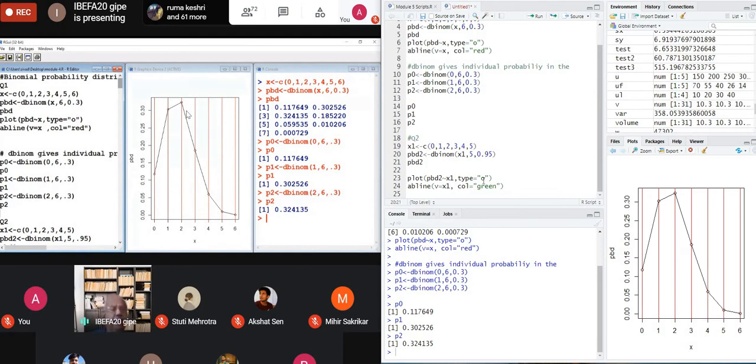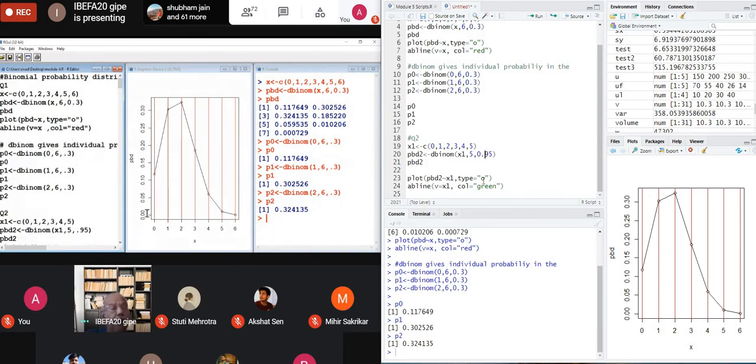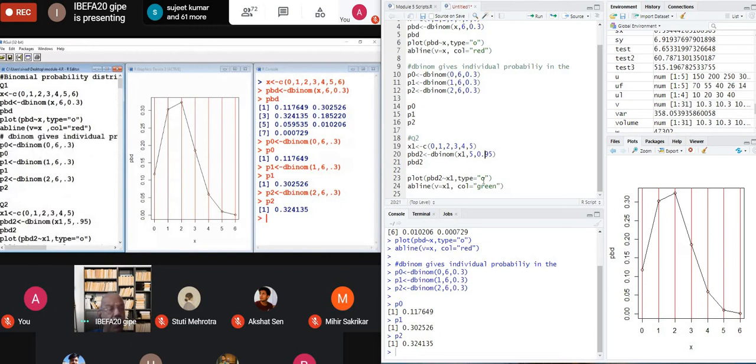For example, here itself I will show you. Now I want the probability for 0, 1 and 2. So I define a new x value, or a range, to evaluate the probability.